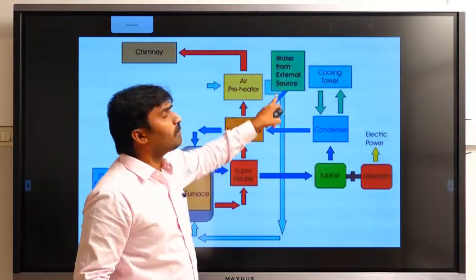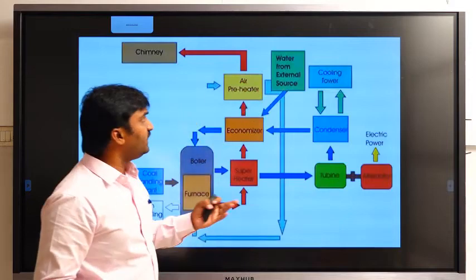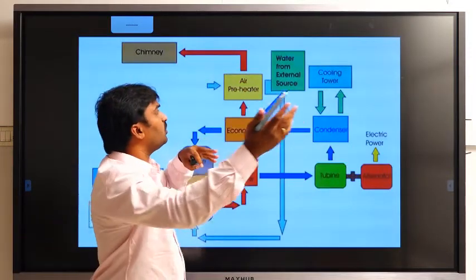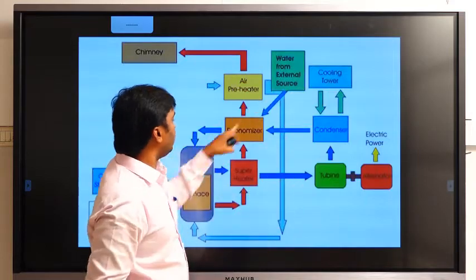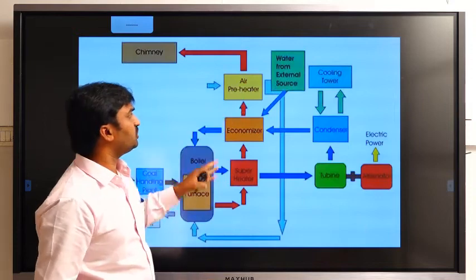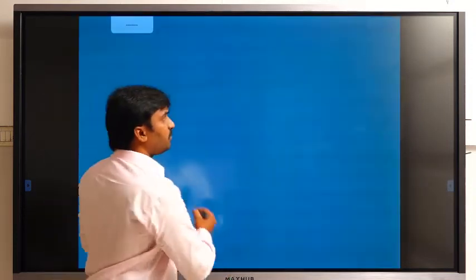So that's why we need to supply additional water, the excess amount of water, which is known as the feed water. So we need to supply the feed water. So what is the amount of water losses? We can again fill the same amount of water from rivers, lakes or any other resources. Okay, from that we can again fill the boiler, and the same process is continuous. Thank you.